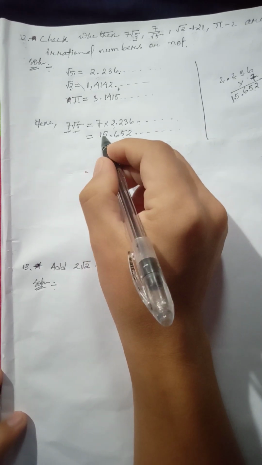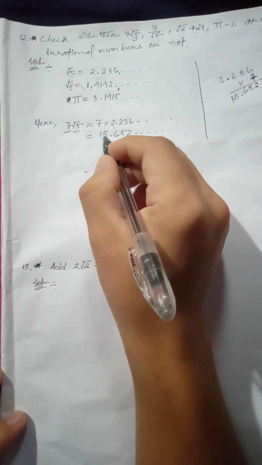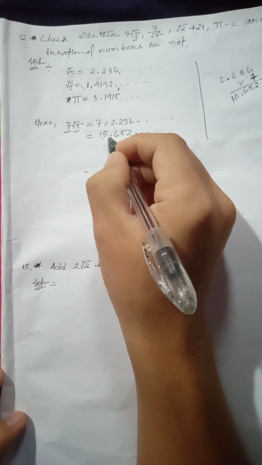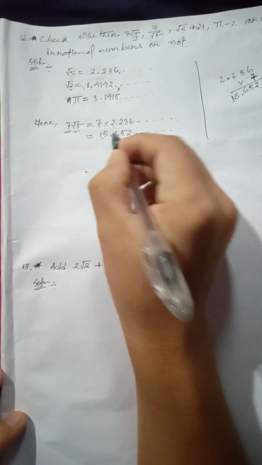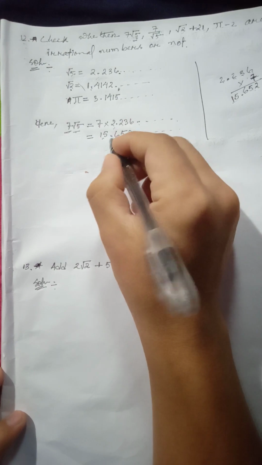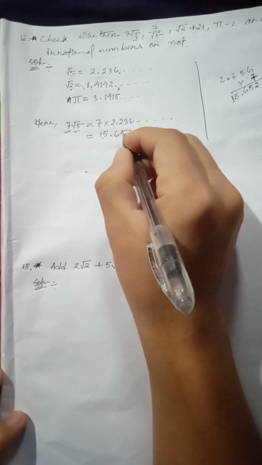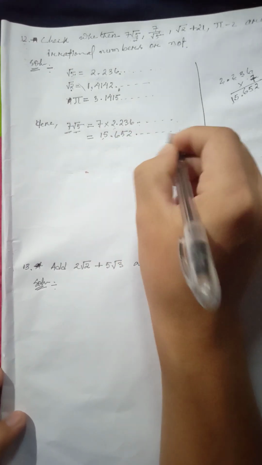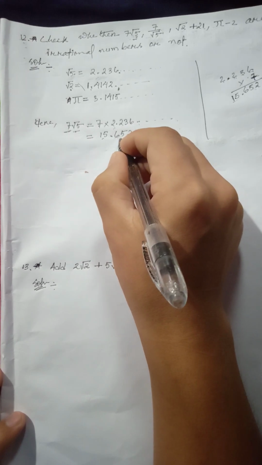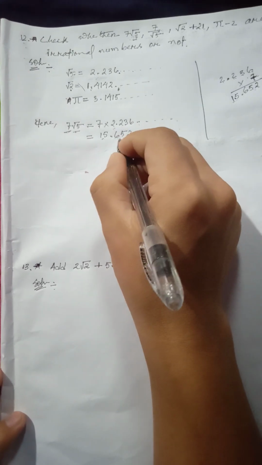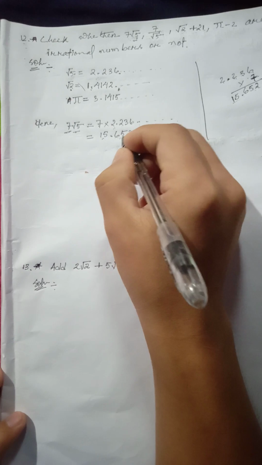Since the decimal expansion that we got is not repeating itself again and again after the point, and moreover it is non-terminating, it will go on like this, and it is non-recurring or non-repeating.